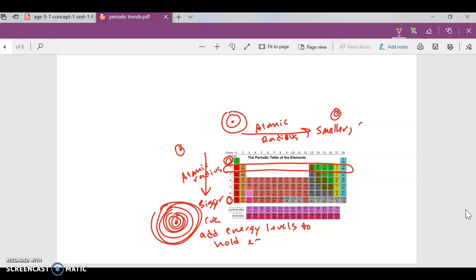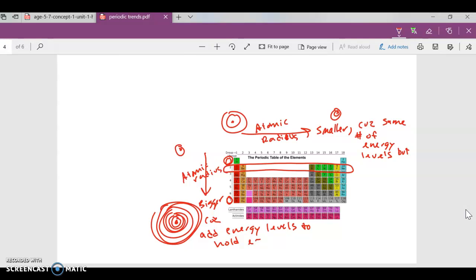Well, the first reason is because you have the same number of energy levels. But if you have the same number of energy levels, you might be thinking, well, then it's the same size, but they're not. The data tells us they get smaller.